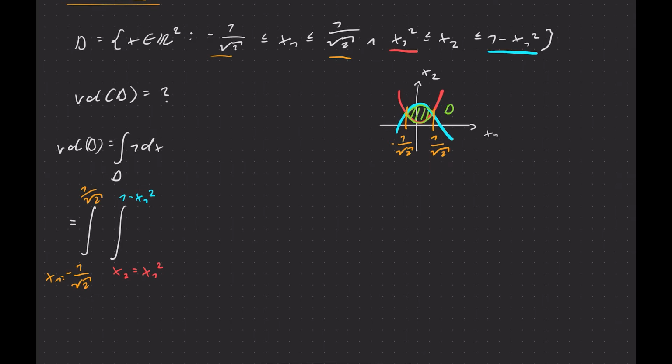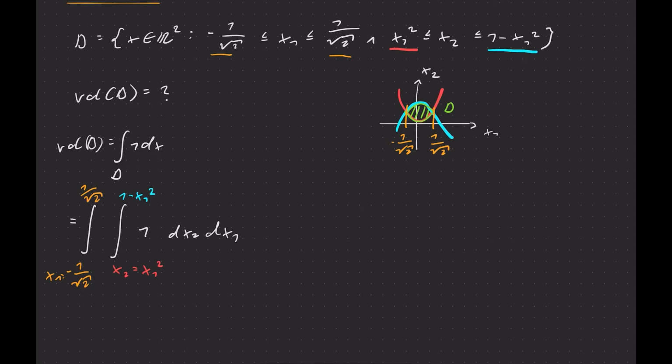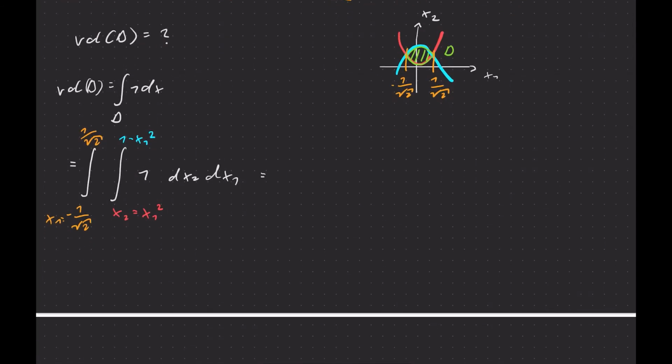And as you can see, the bounds depend on the variable x1, but of course not on x2, because that's the one we want to integrate out. And we're just integrating the function 1. So that is dx2, dx1 in that order. Okay.